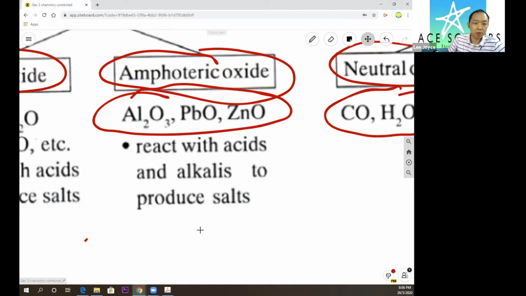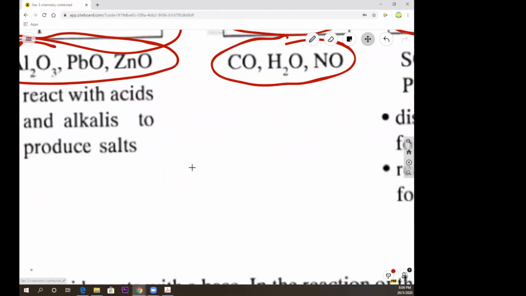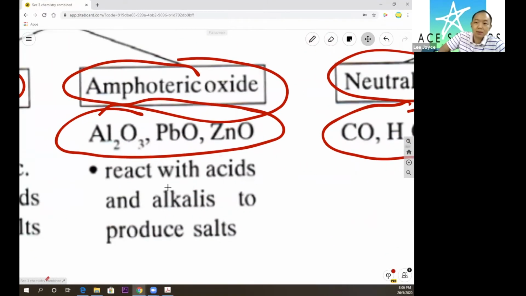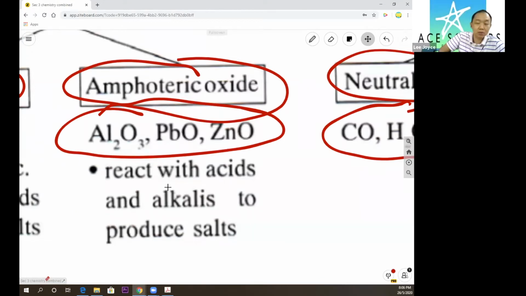You need to memorize this. There are only three of them: Al2O3, PbO, and ZnO. These are the amphoteric oxides. These people are like bisexual people here. Al2O3, PbO, and ZnO are both acidic and alkaline.